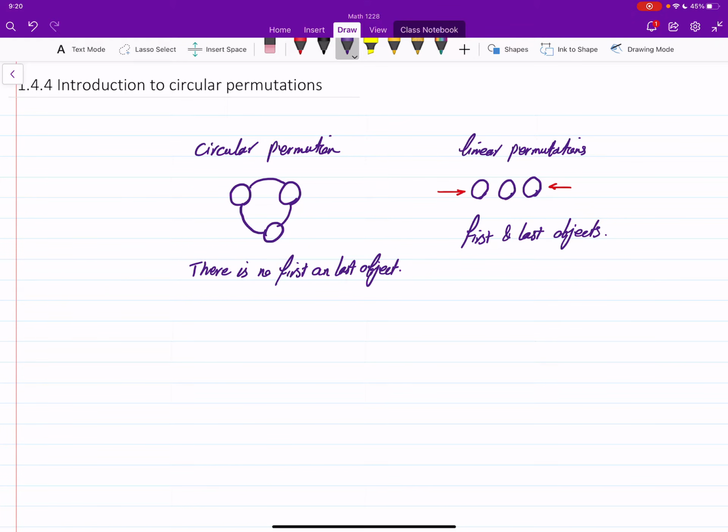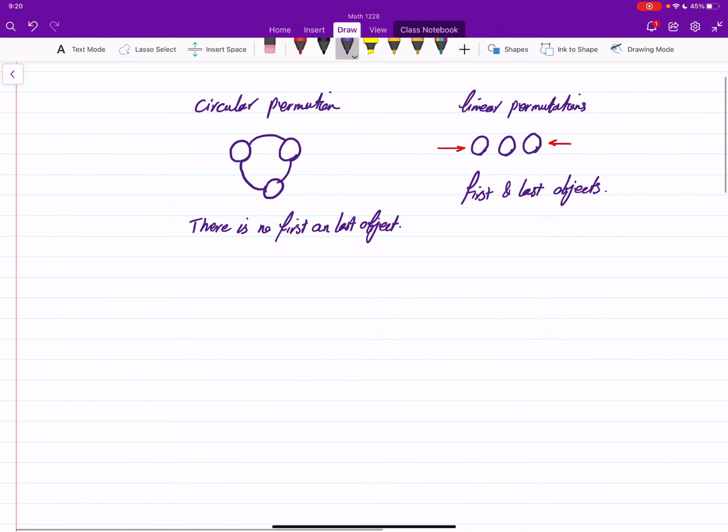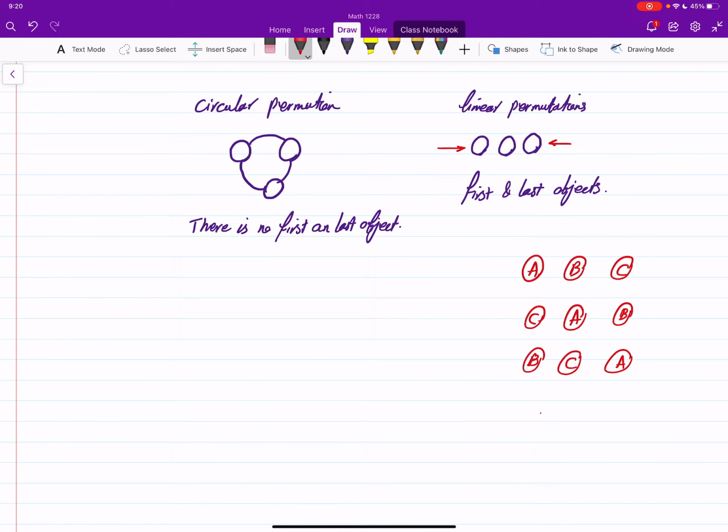Okay, so there are definitely differences, but how are we going to count the number of circular permutations? Well, let us just quickly see an example. Let's say I have three objects A, B, C. So A, B, C, then I can have C, A, B, then B, C, A, then A, C, B. These are the linear ones.